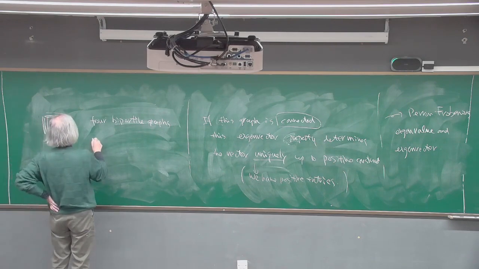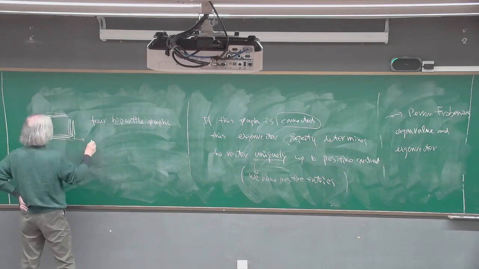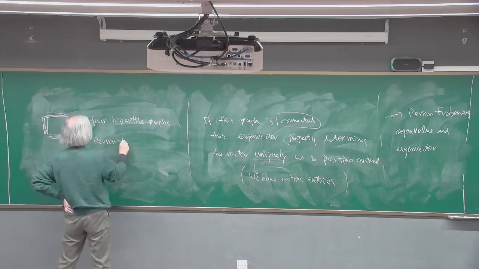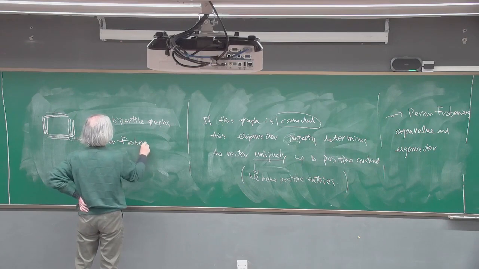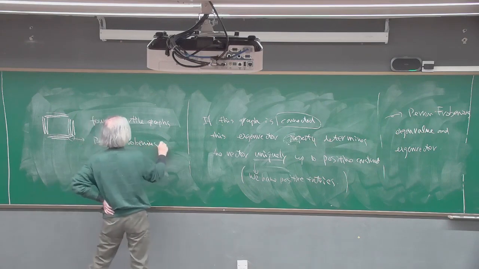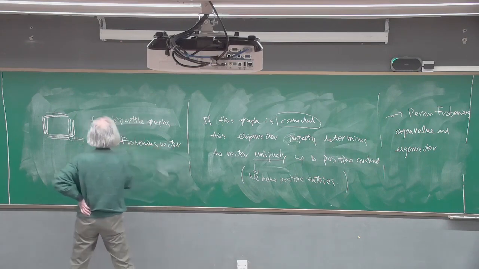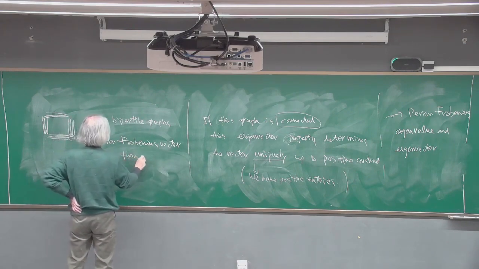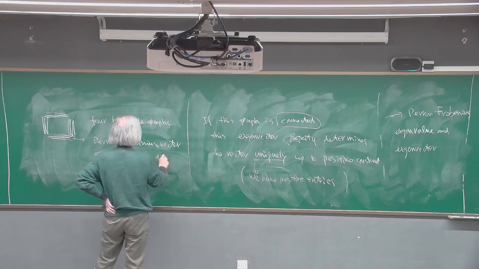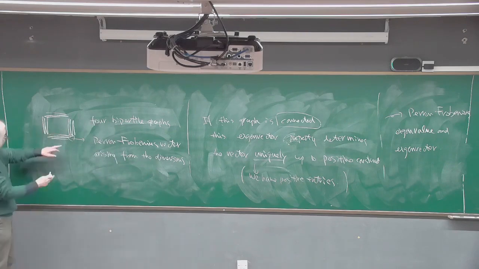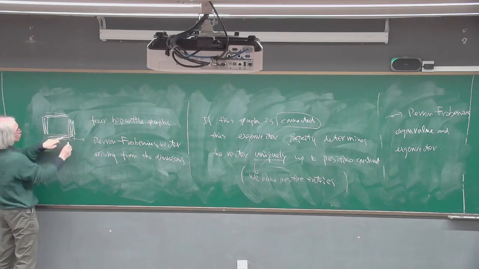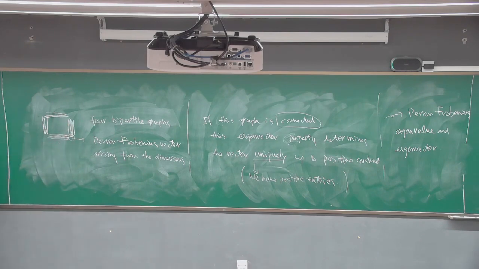For example, here we have a Perron-Frobenius vector deriving from the dimension, and from this consideration, this vector is a Perron-Frobenius eigenvector for this graph, but also for this graph.